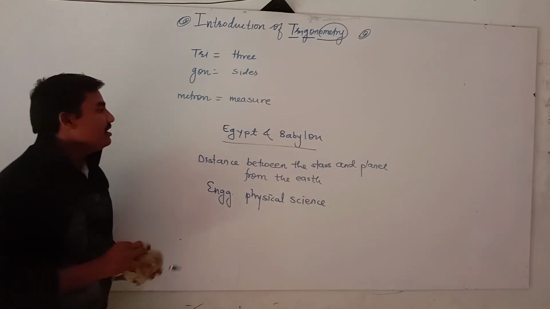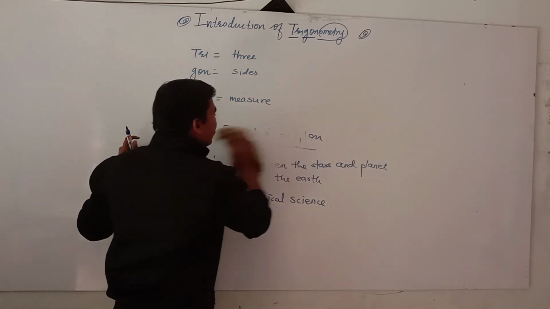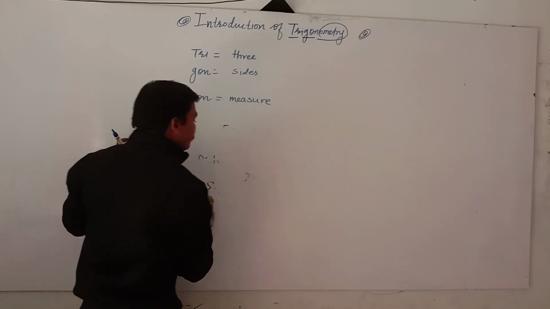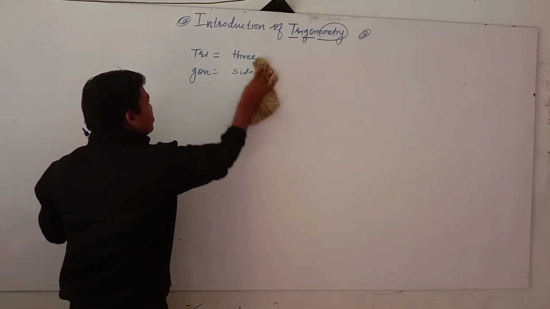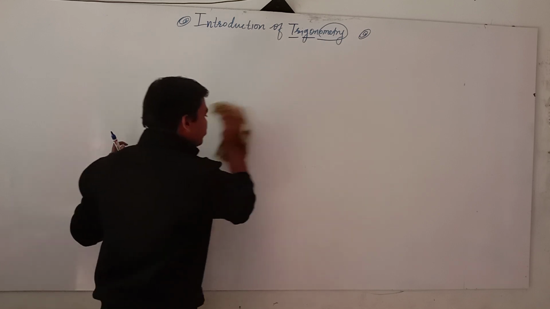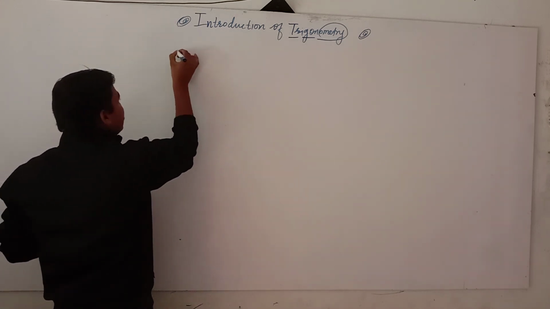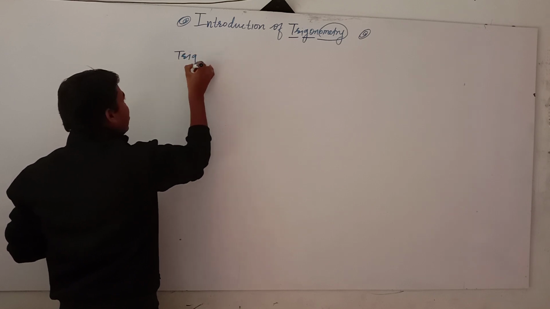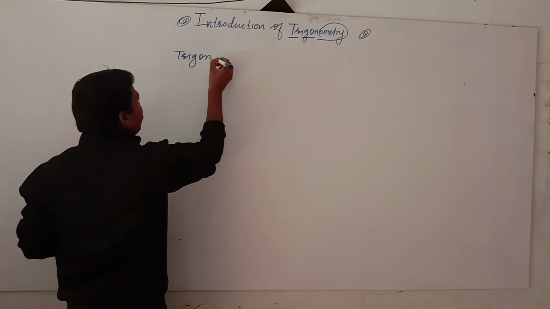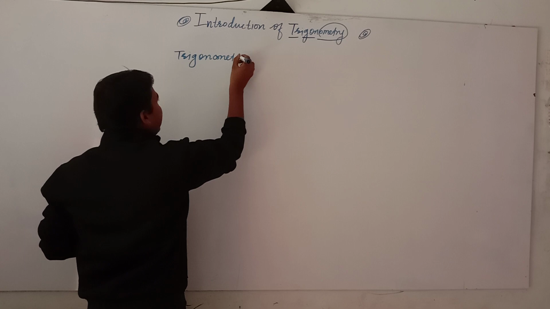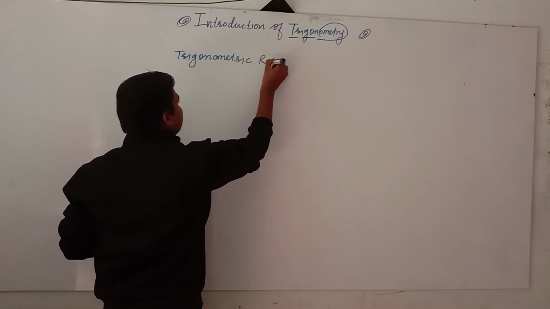Next we have to see some basic parameters under trigonometry. First are the trigonometric functions, the trigonometric ratios.